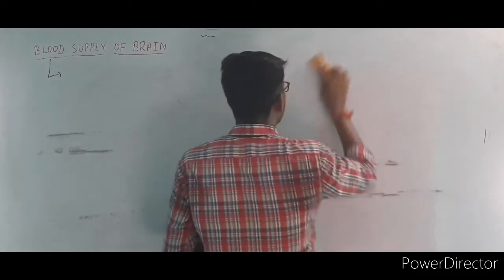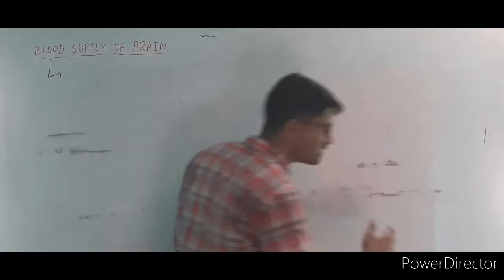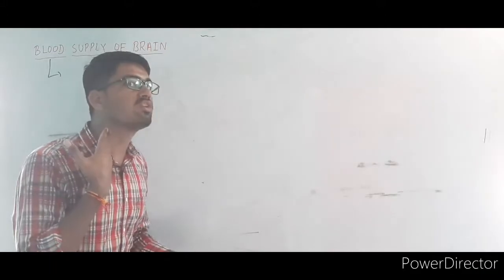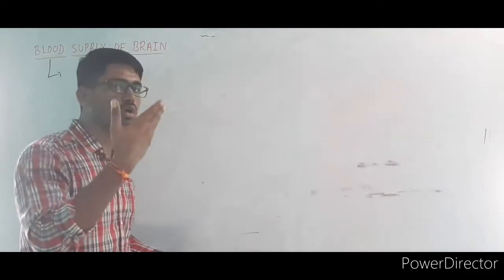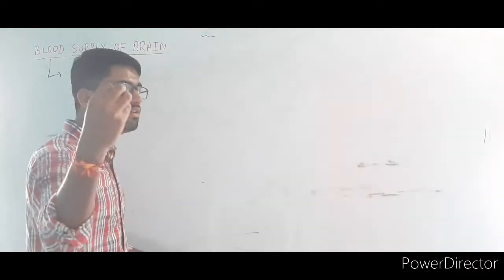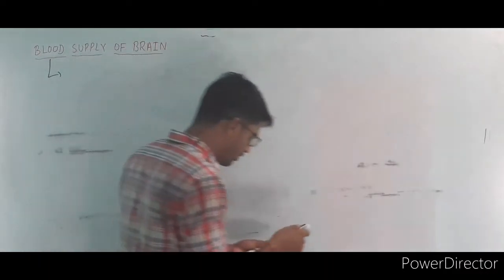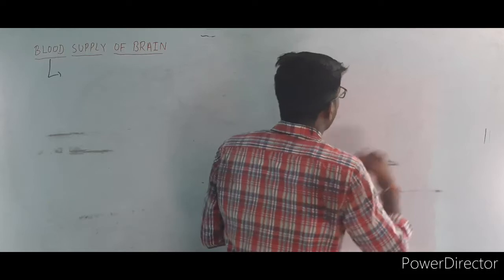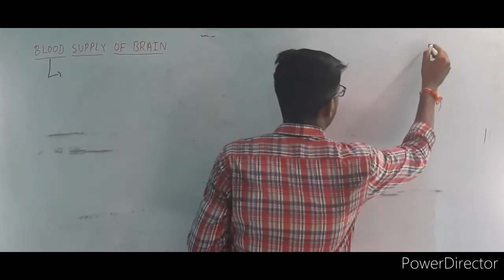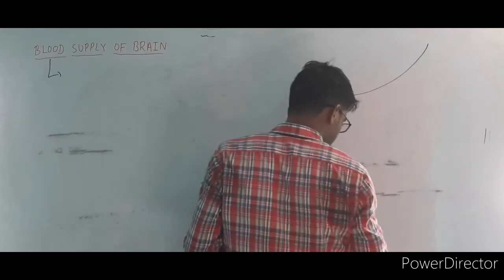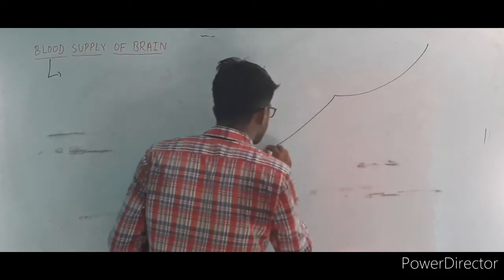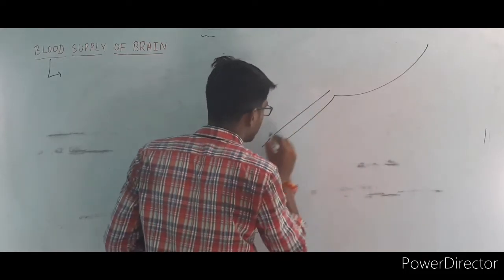We are going to see the lateral view. The internal carotid artery goes from here. Am I right or not? So you just cut me from here and see this view. It will be good.